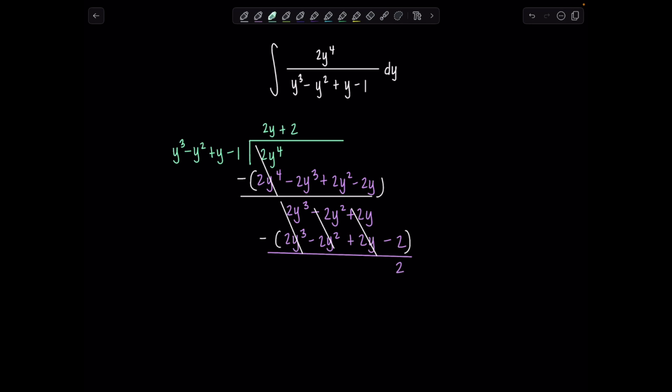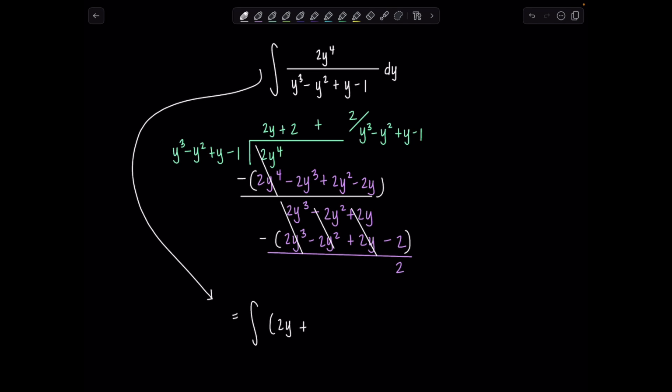So I'm going to say plus, I have 2 divided by y cubed minus y squared plus y minus 1. Okay, so now I can rewrite this integral as the integral of 2y plus 2 plus 2 over y cubed minus y squared plus y minus 1 dy.